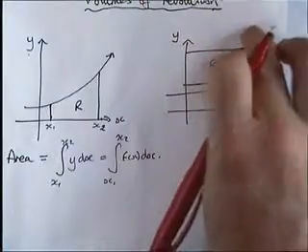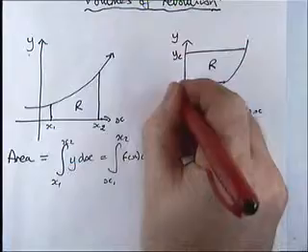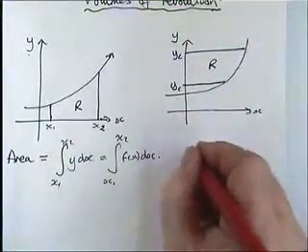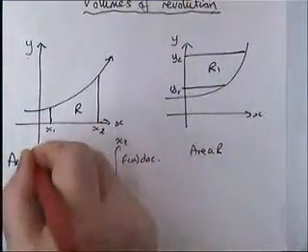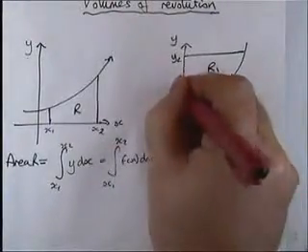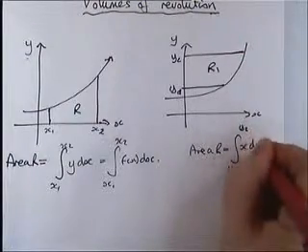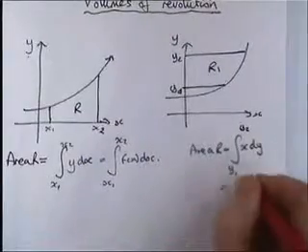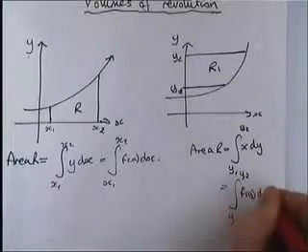Now, the same idea: if you're trying to find the area bound by this area R, let's call it R1, so area R1 is now going to be the integral between y1 and y2 of x dy this time, or the integral from y1 to y2 of the function of y dy.